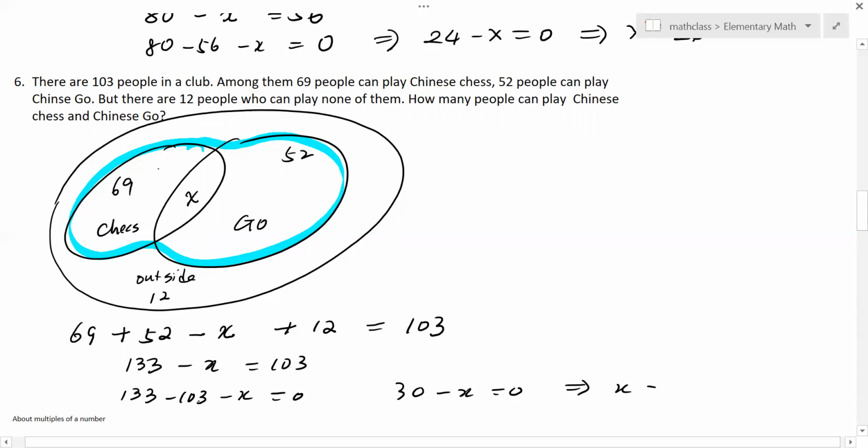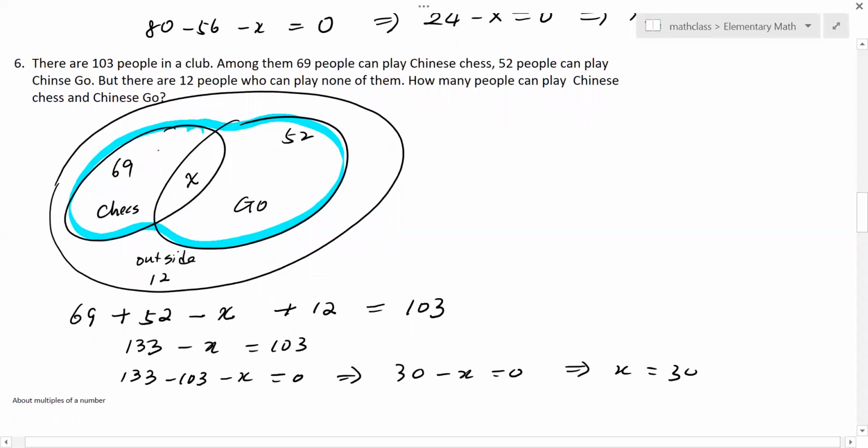That implies X equals 30. Okay, good. All right, those are the problems we know how to do. The majority of students can do it.